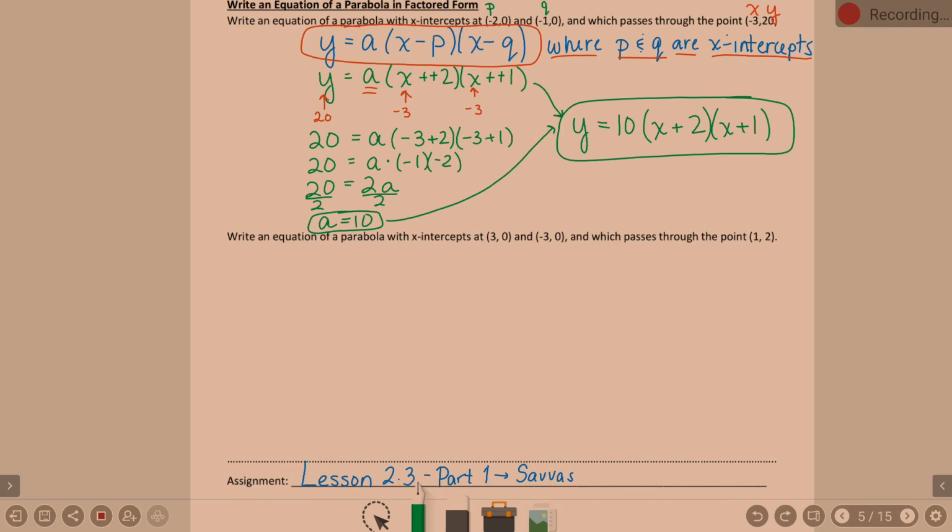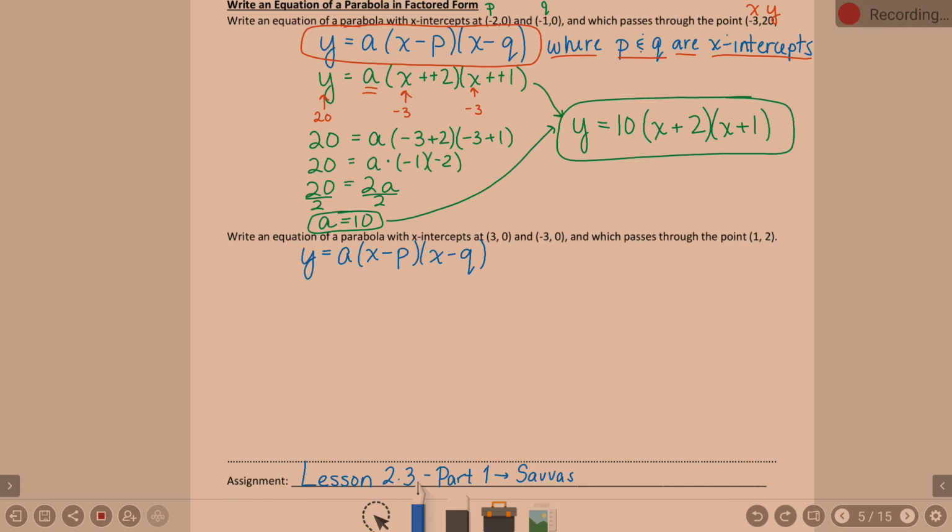Okay. Write an equation of a parabola with x-intercepts of (3, 0) and (negative 3, 0) and passes through the point (1, 2). Now I'm going to start with my basic equation form. You'll have this in your notes for when you need it in homework. Y equals A times X minus P times X minus Q. Yes?